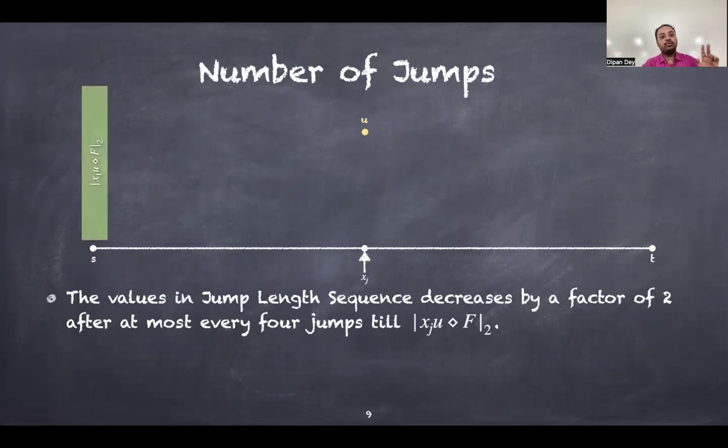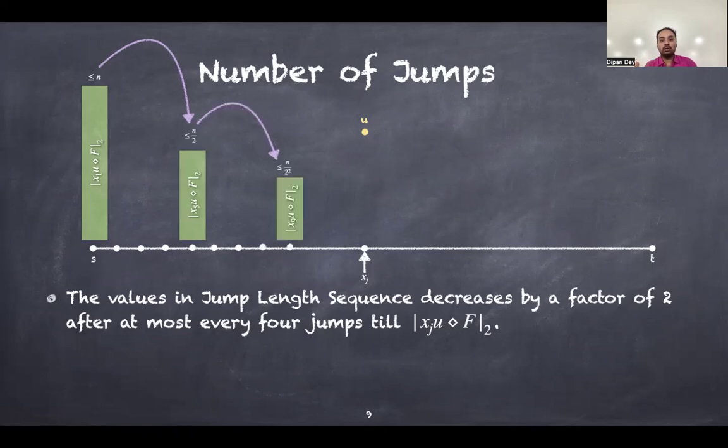If the first jump is at most n, then after 4 jumps the jump will be at most n by 2, and after 8 jumps it will be at most n by 2 squared, so it can decrease at most log n many times this way. So after 4 log n jumps, it cannot decrease again. So xj cannot decrease further, because after log n many times it will be at most 1, and then it cannot decrease further.